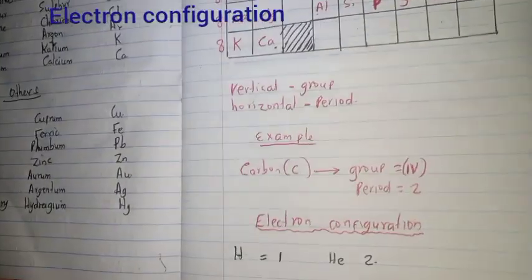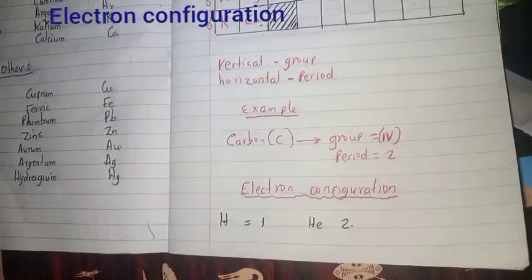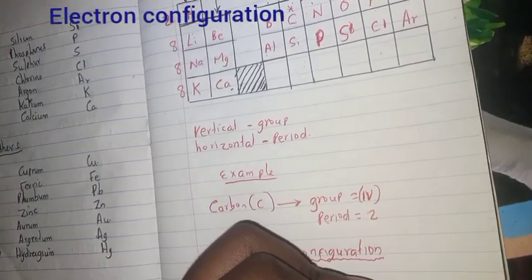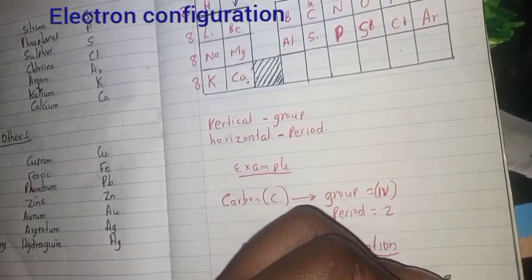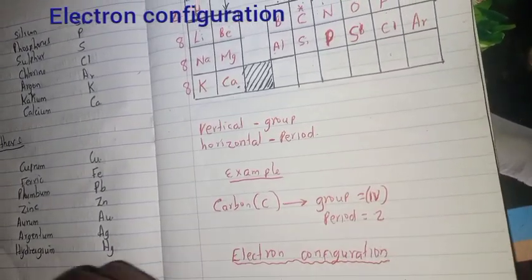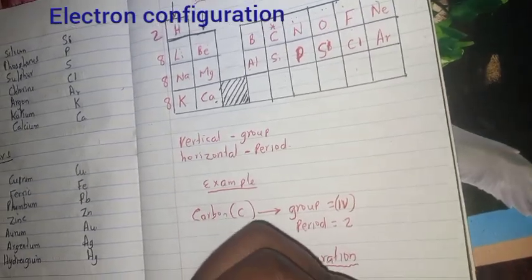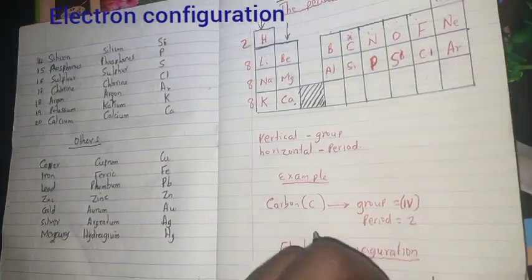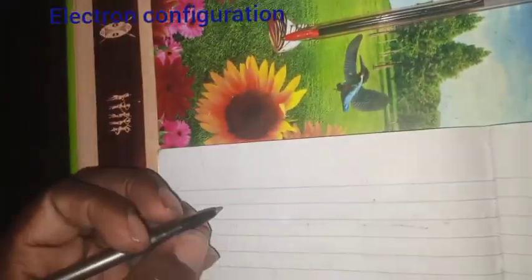From there we have to fill the next energy level. This one is for helium. For lithium we will have 2, and filling in the next energy level, because it has 3, then we will have 2, 1, and so on and so forth.